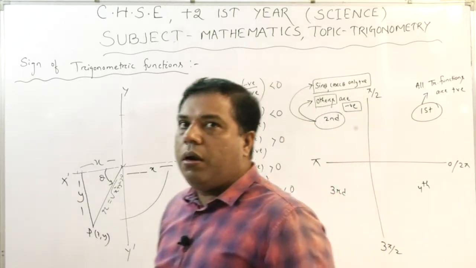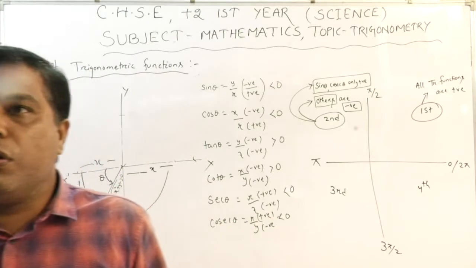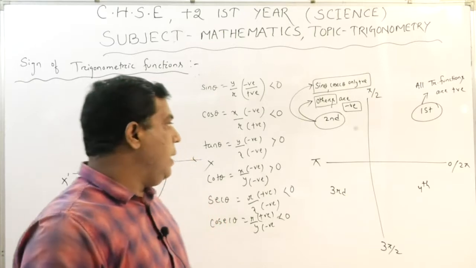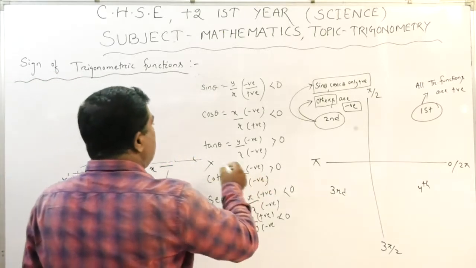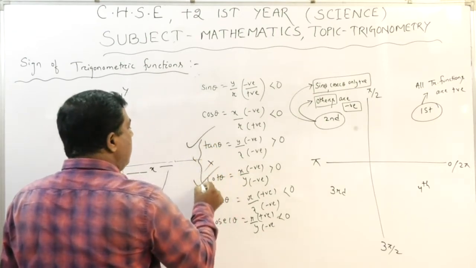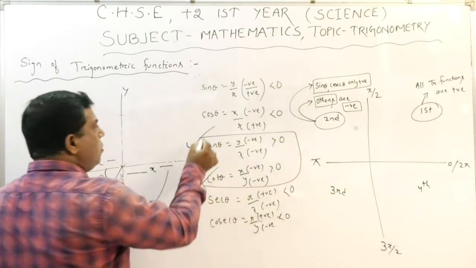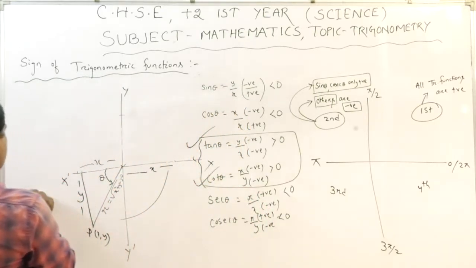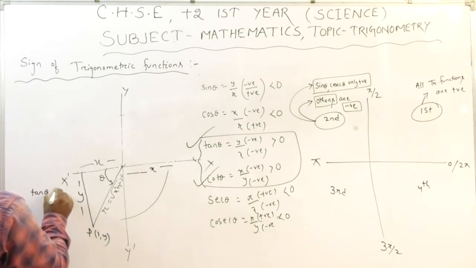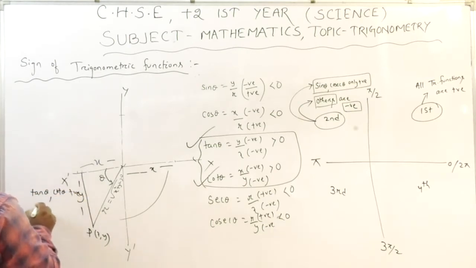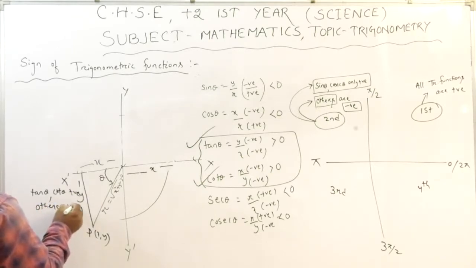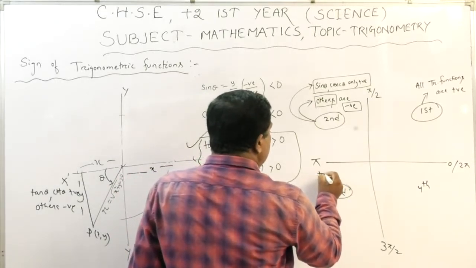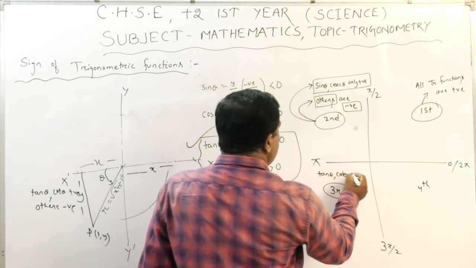So from here we have the concept about the trigonometric values lying in the third quadrant: tan theta and cot theta, these two are positive only, whereas the other four are negative. So the conclusion is tan theta and cot theta are positive, others are negative.